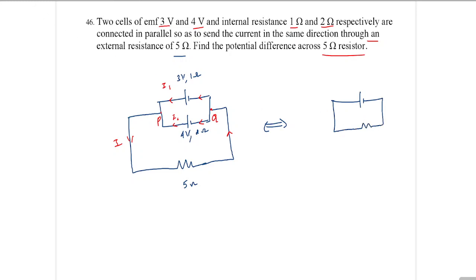So the current sent by that cell is also I, and the resistance value is 5 ohm only, where this will have an equivalent resistance called RP, which is internal resistance, and an equivalent EMF called EP. So basically whether you put two cells or many cells or a single equivalent cell, the effect is same.